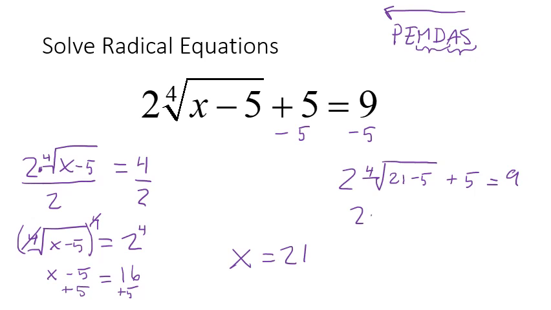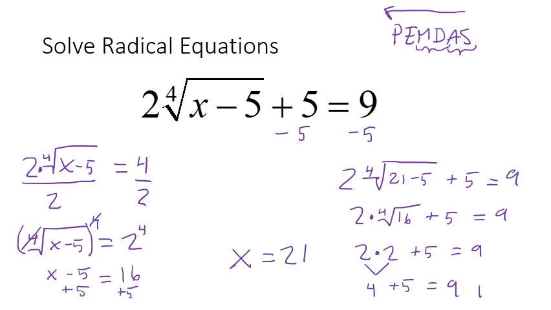Well, 2 times the fourth root, 21 minus 5 is 16, plus 5 equals 9. You can either go to your calculator or a roots table. The fourth root of 16 is 2, plus 5 should equal 9. 2 times 2 is 4, plus 5 does in fact equal 9.